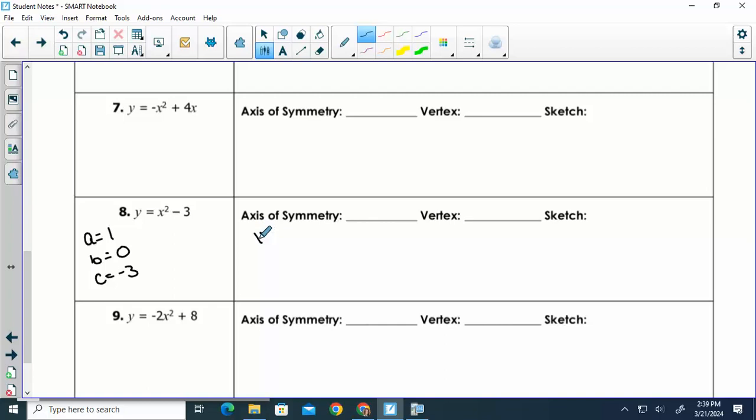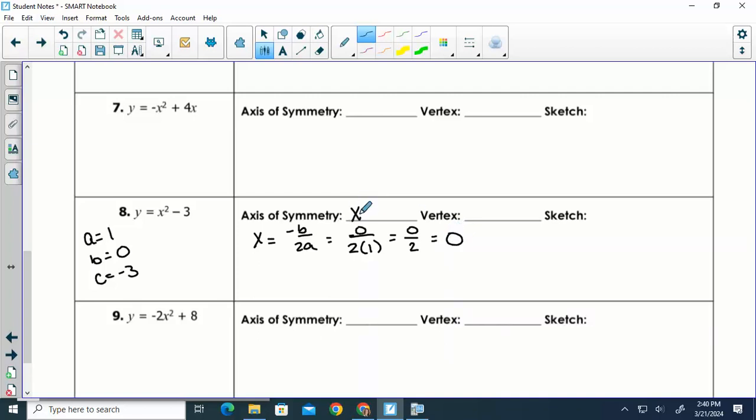So the axis of symmetry, the equation I gave you, was negative b over 2a, or the opposite of b over 2a. What is the opposite of 0? Still 0. Over 2 times a, and my a was 1. So we have 0 divided by 2, which is 0.